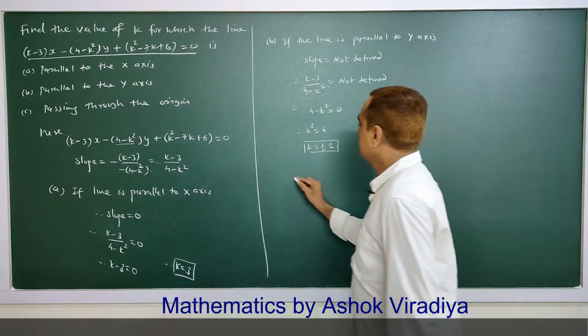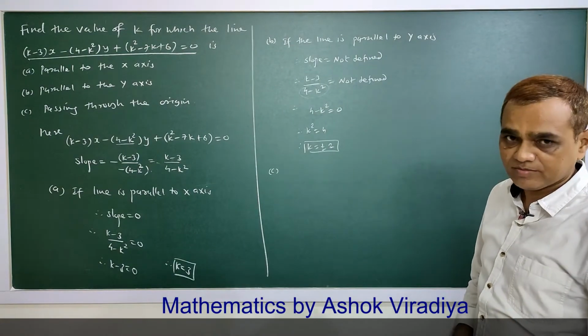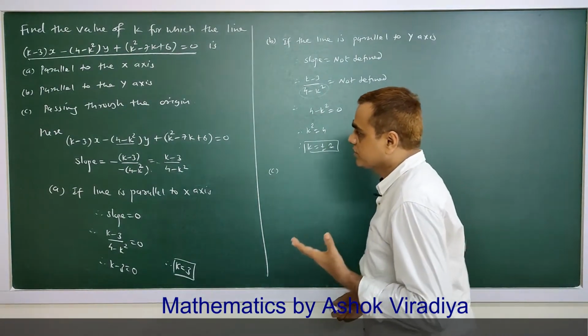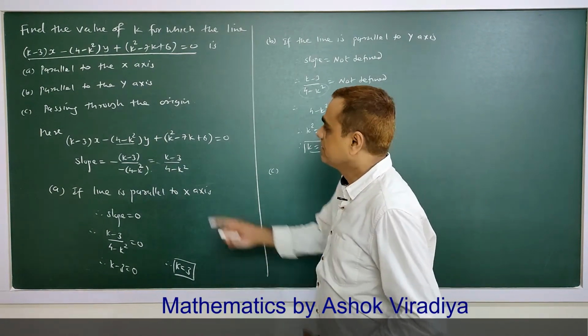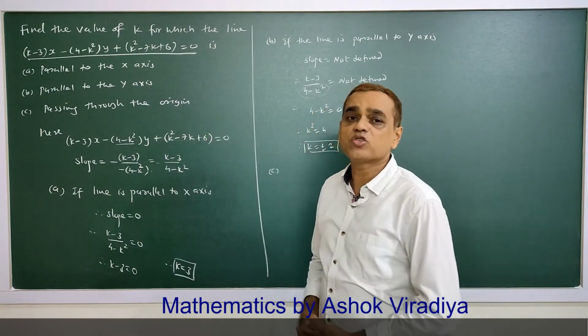Then third question, passing through the origin. The line is passing through the origin, that means this equation will be satisfied by 0, 0.